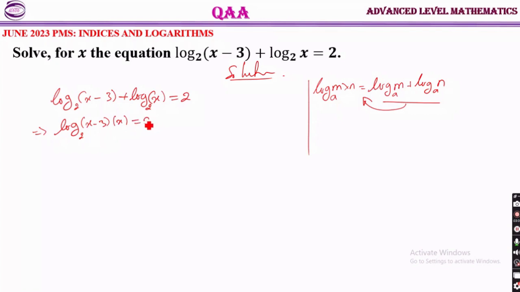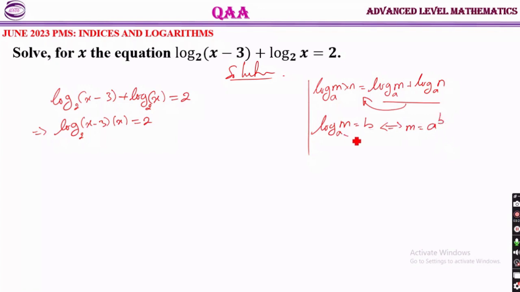Now, the same way we can convert from indices to logarithms and back, based on this statement that if we have log to the base a of m equals b, this is possible if and only if m is equal to a to the power b.